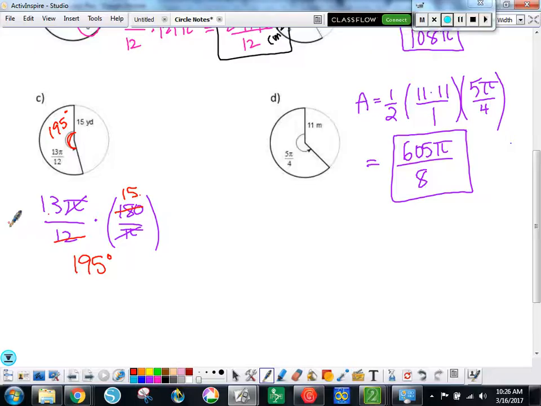So then if I want to find the area, we take 195, divide it by what? 360. Multiply that, or you want to multiply now. How do you reduce that? Divide the top and the bottom by what? 5.